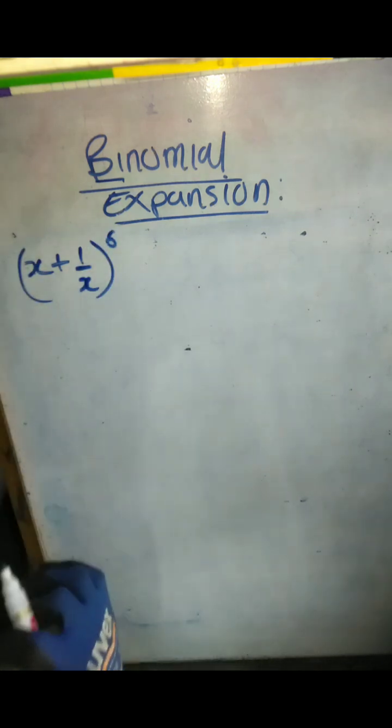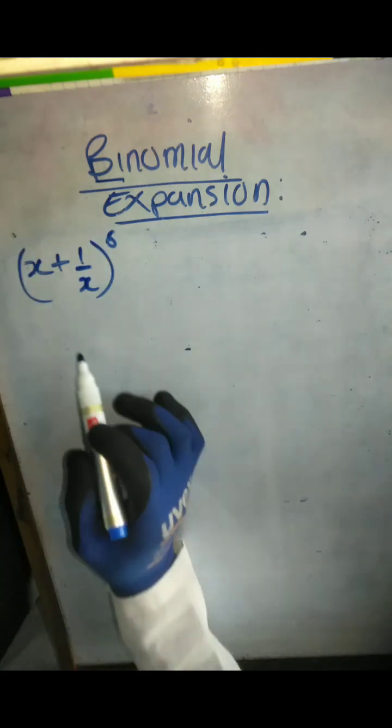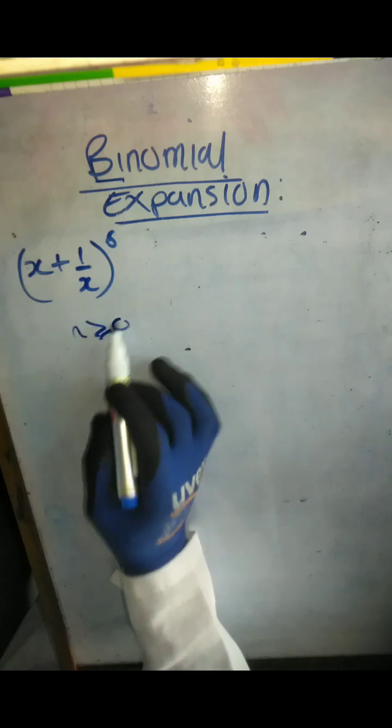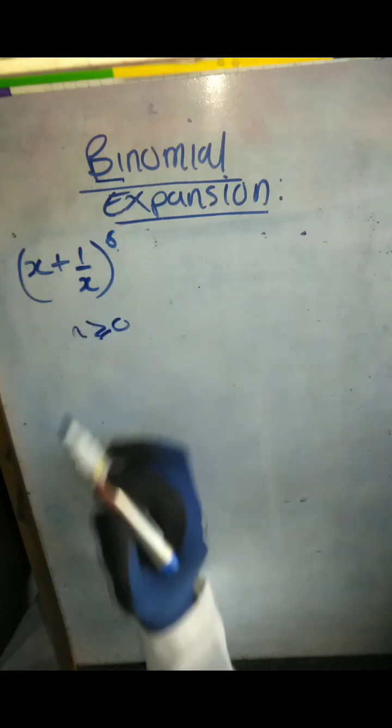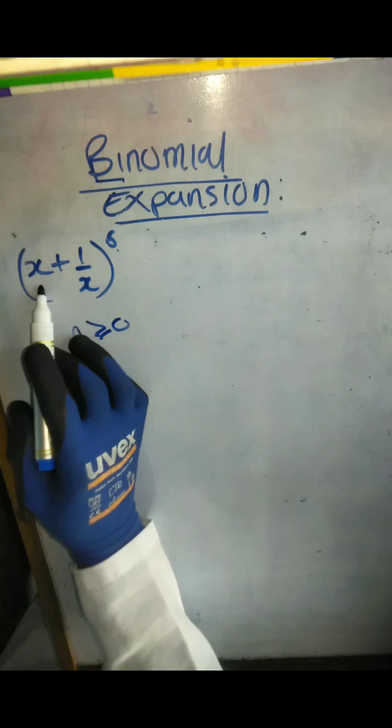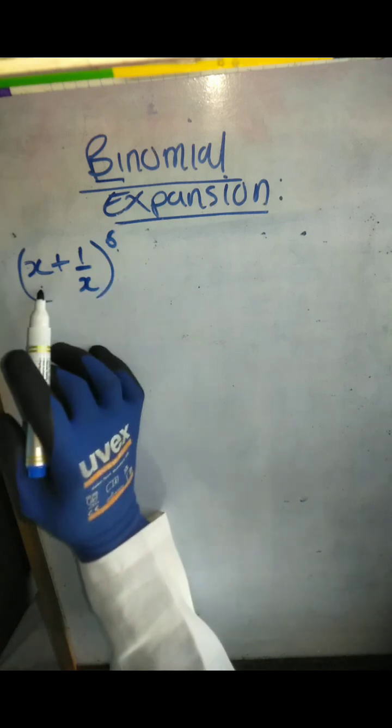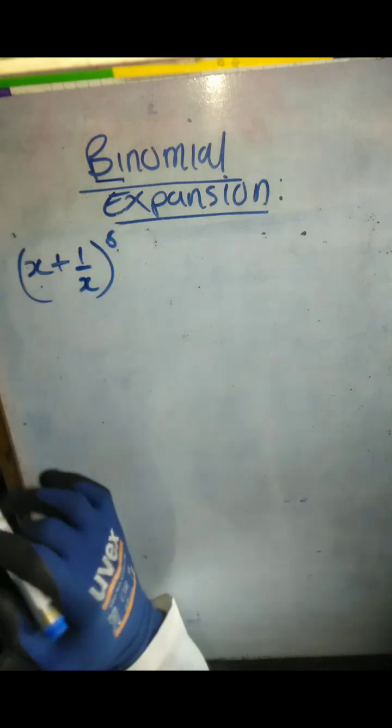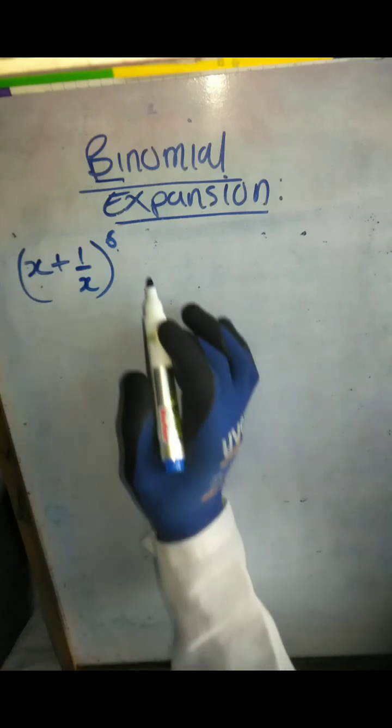power 6. So the condition we said, when n is greater than or equal to 0, meaning when n is positive. And here the first term does not start with 1, so you have to use the other binomial expansion, the first expansion we said.